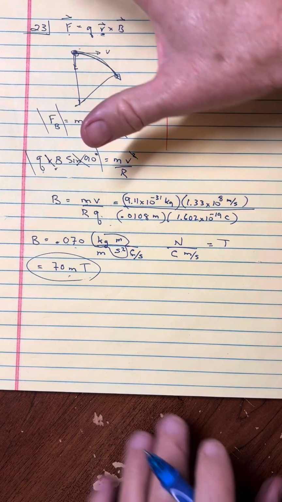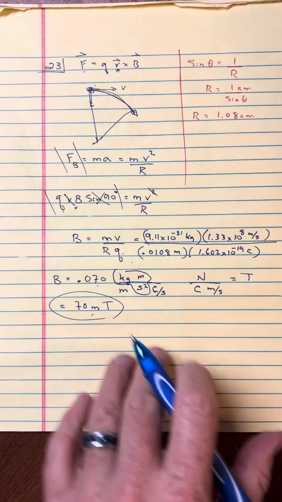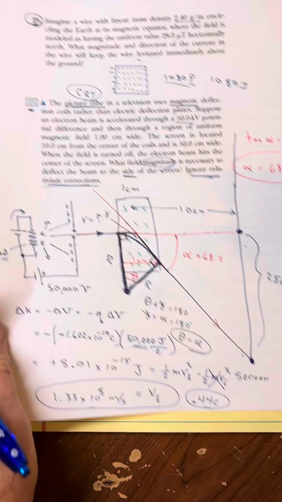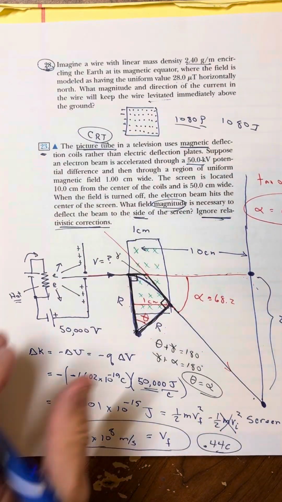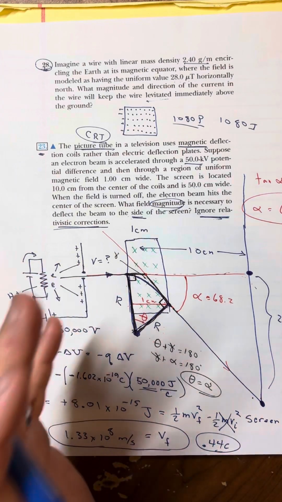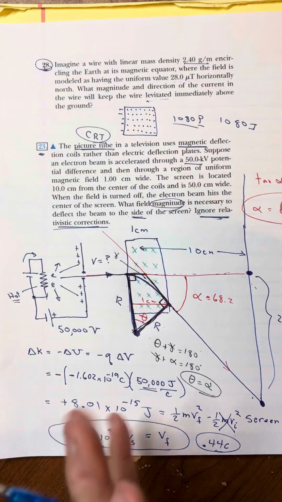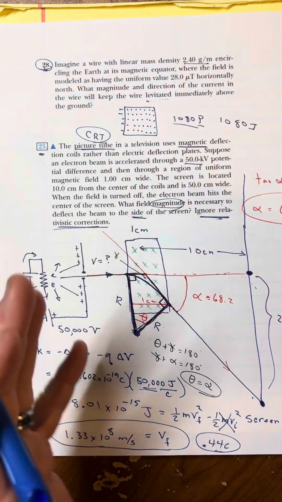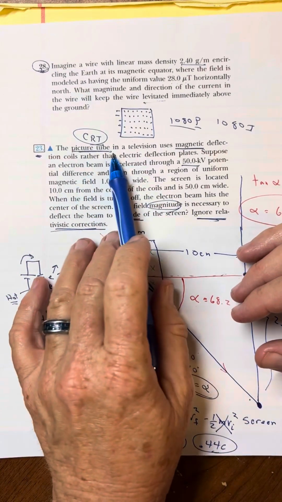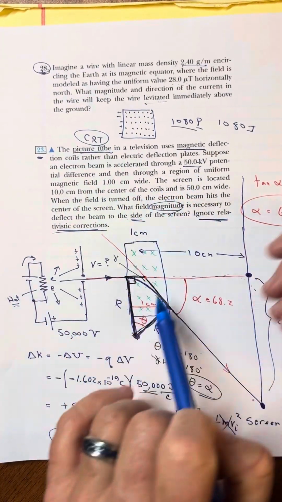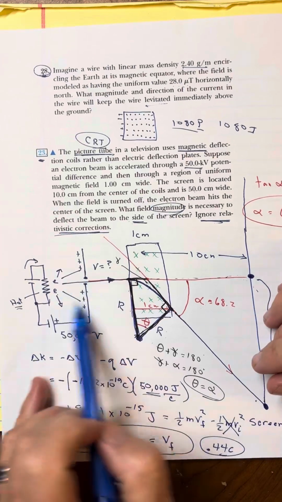So, like I said, a good problem, because it did have some tricky geometry, but it had a lot of everything. And that's what I really liked. It really forced me to do a little mini lecture on this whole idea of how these magnetic deflections work on a screen, and of course how they get their velocity.